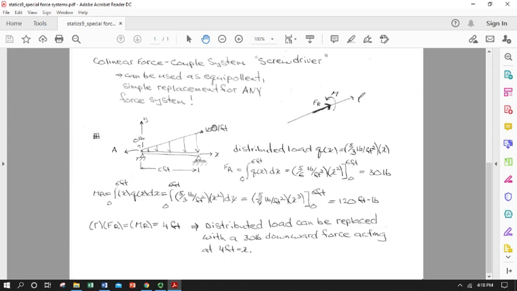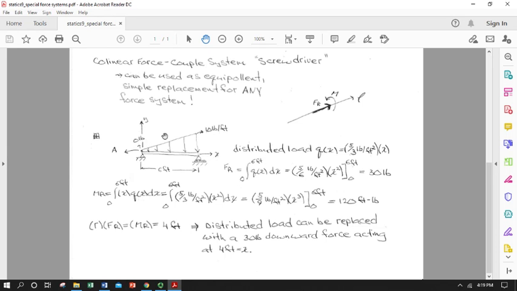Basically 10 pounds per foot divided by 6 feet is the slope, and so we can simplify that down to 5/3 pounds per square foot times x. It's a line function. So when x equals 6 feet, we have 30 divided by 3, or 10 pounds per foot, and when x equals 0, this is equal to 0.